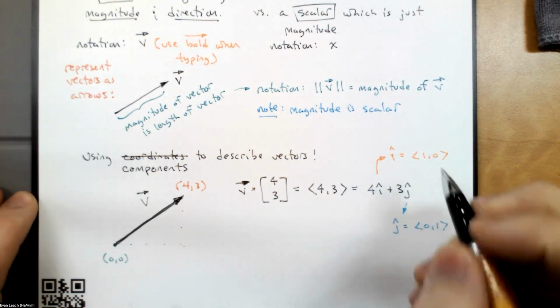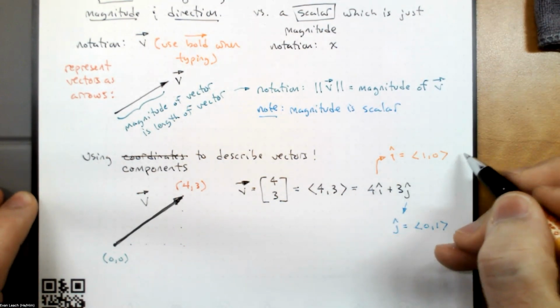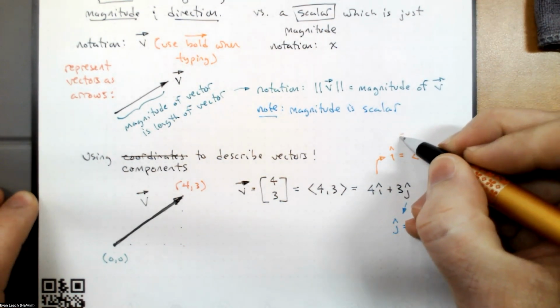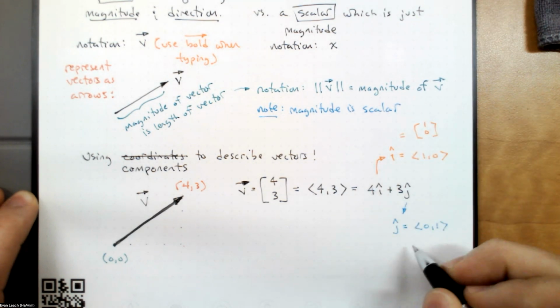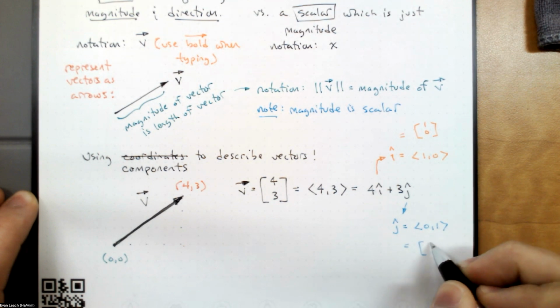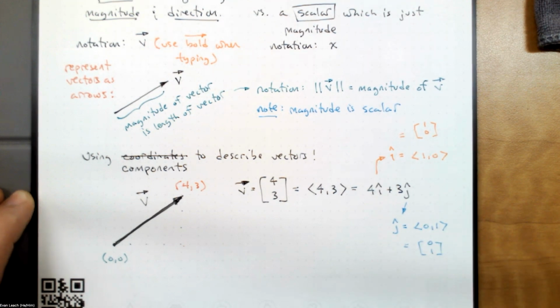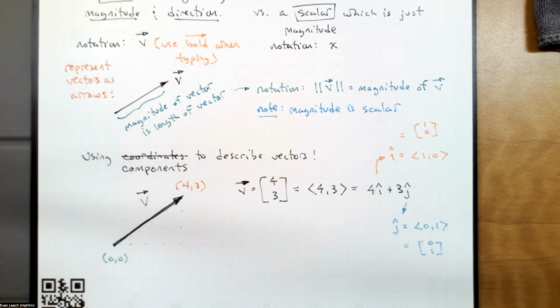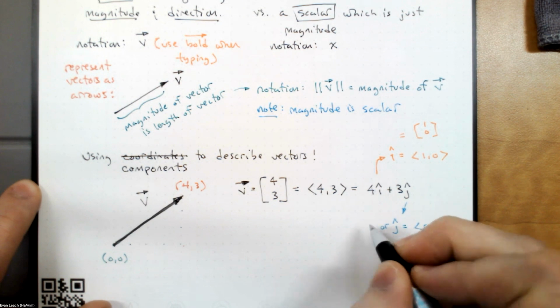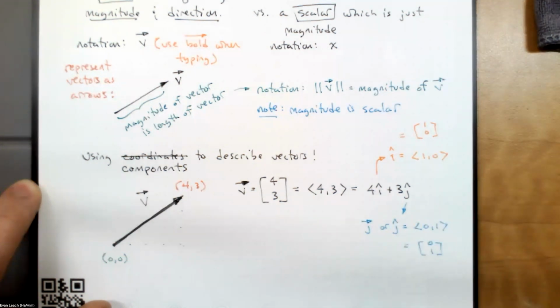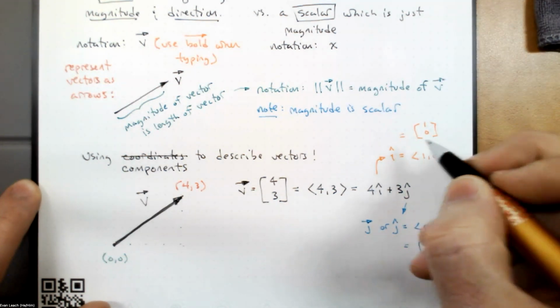We might also write this vertically, except I didn't give myself enough space, because great planning there. We might also write these as i and j just with a vector arrow over it instead of a dot.